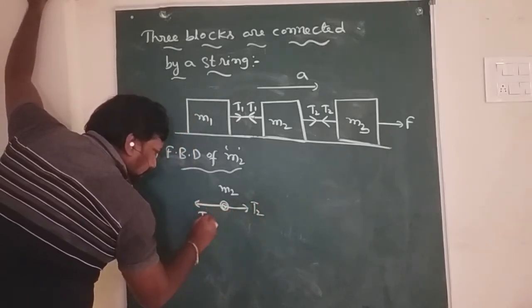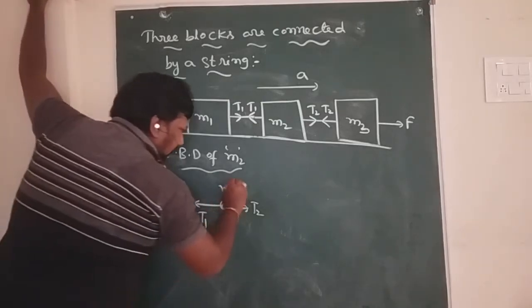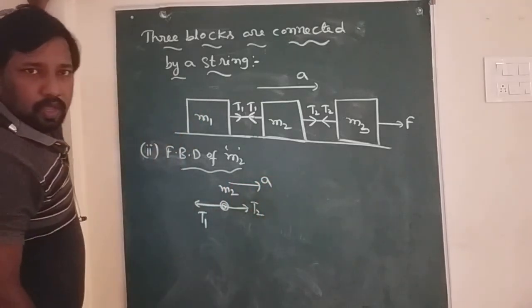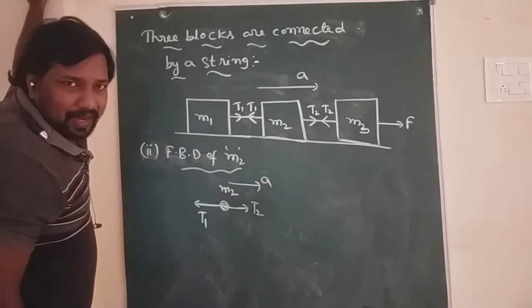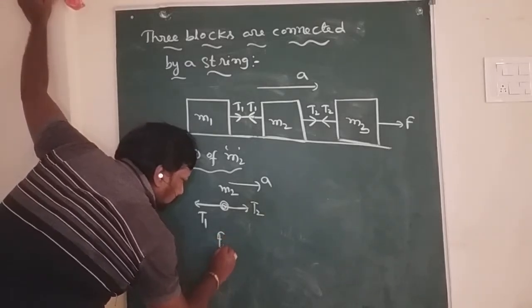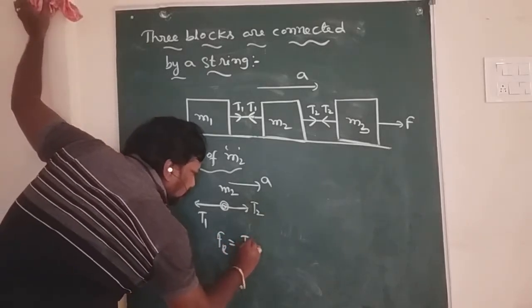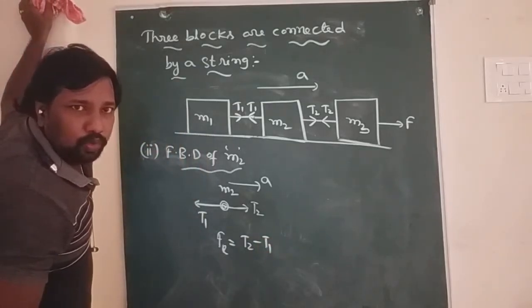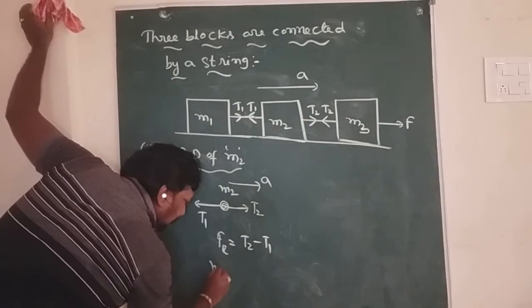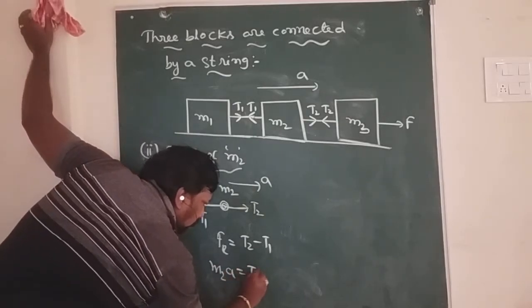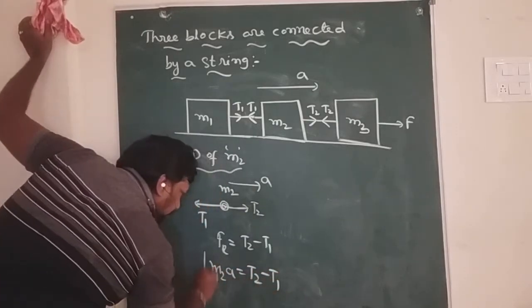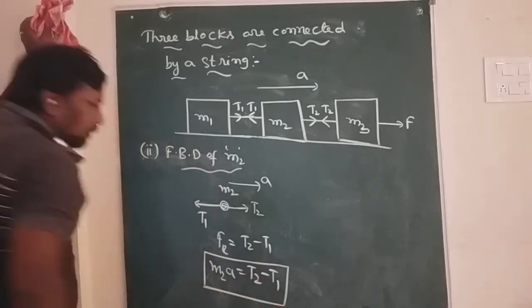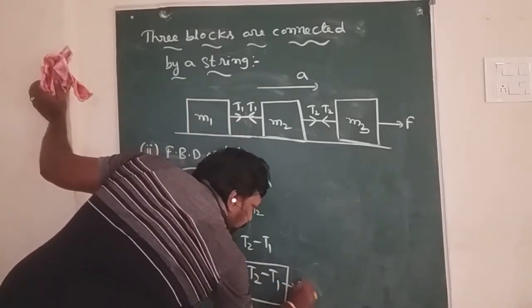Tension force T1 is acting on the left side, but the acceleration acting on the M2 block is to the right side. Therefore the resultant force Fr equal to T2 minus T1. According to Newton's second law, F equal to ma, so M2a equal to T2 minus T1. This is equation number 2.